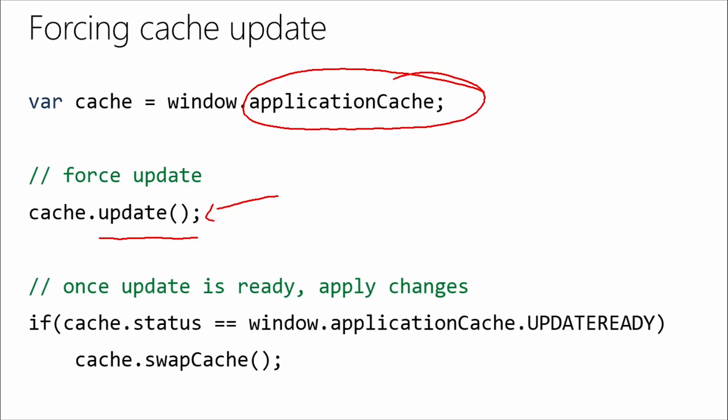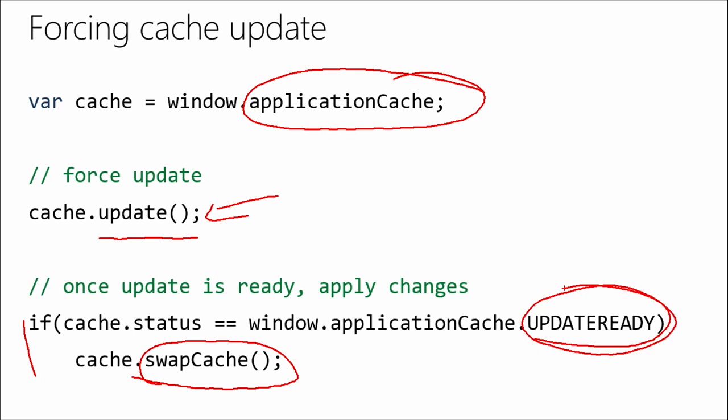What this update command will actually do is say, hey, go start downloading in the background. But it won't actually start using those new files until you tell it to use those files. So what I'm doing in this next block is checking to see, hey, is that update ready? And if it is, then we'll go ahead and swap the cache.